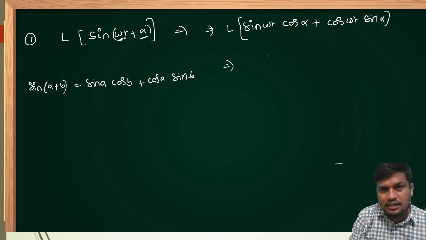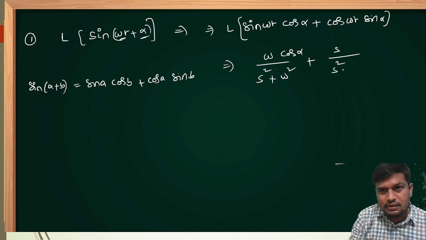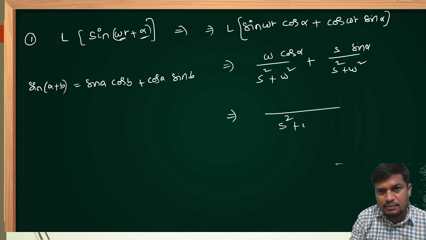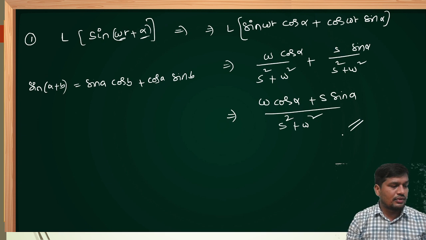Now the sin omega t formula is omega upon s square plus omega square, into cos alpha, plus cos omega t is s upon s square plus omega square, into sin alpha. Now the denominator LCM is s square plus omega square. The numerator is omega cos alpha plus s into sin alpha. This is the solution for this given question.